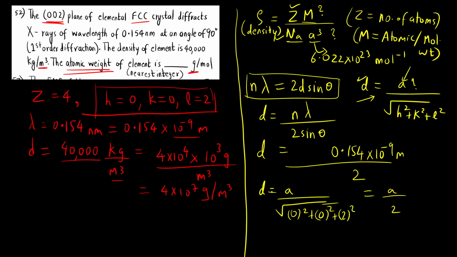So d is A by 2. So I can substitute here A by 2. 2 and 2 get cancelled. So now we have the value of A.